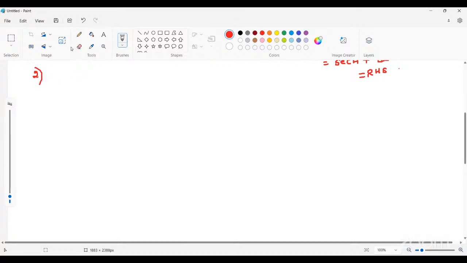The next sum that we are going to do is show that 1 minus tan square A by cot square A minus 1 is equal to tan square A. Is it clear?